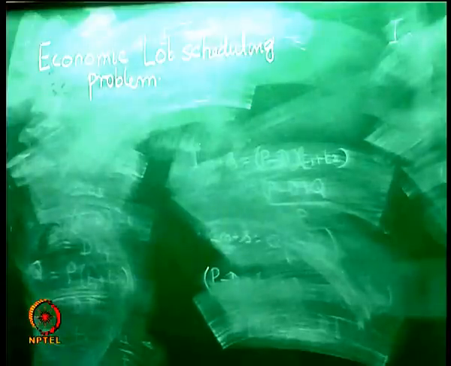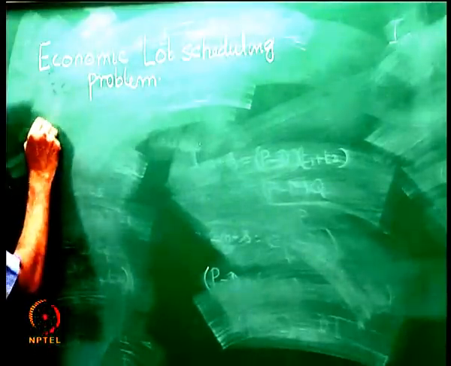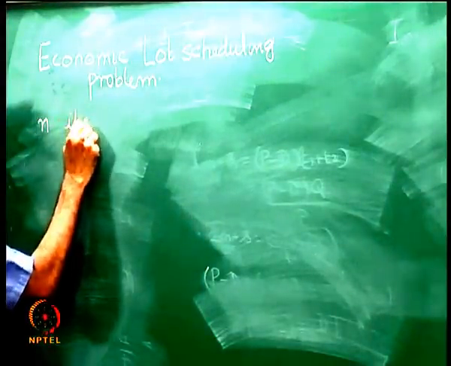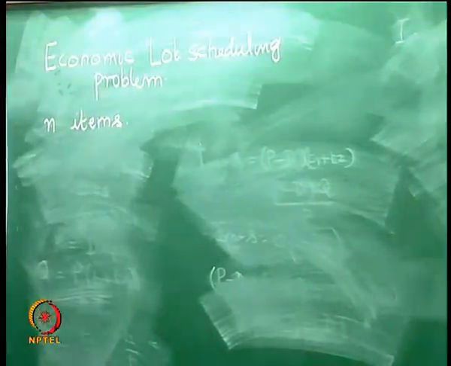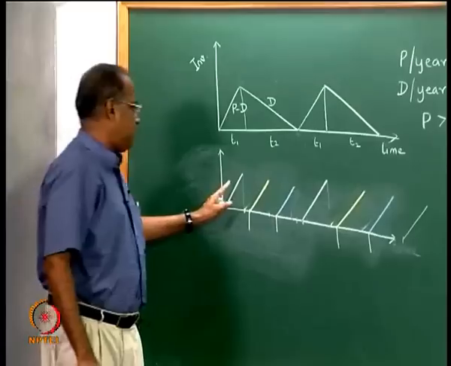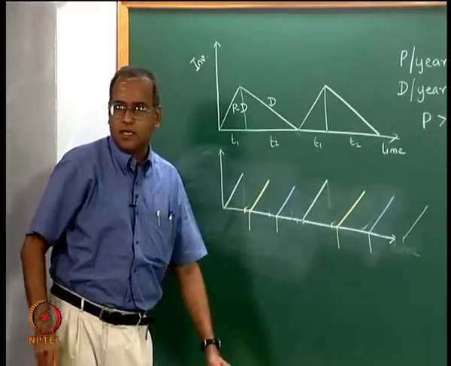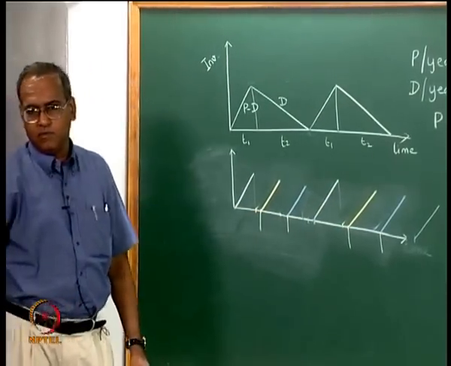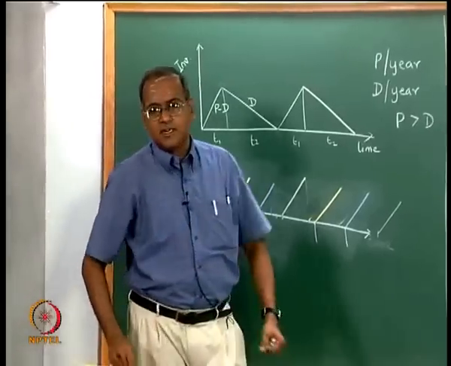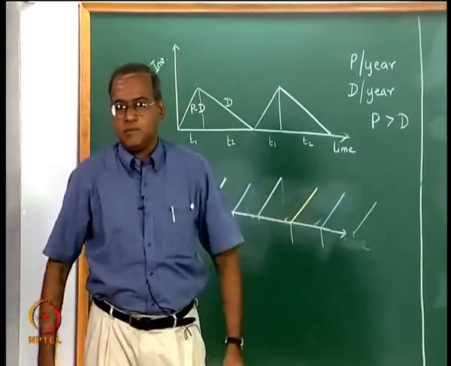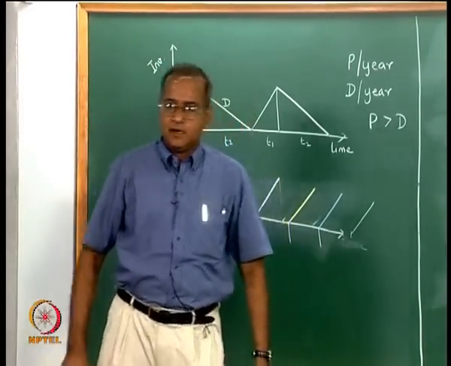Now if there are n items that we have to produce. In this example we showed 3 items, the white, the yellow as well as the blue. For each item there is a setup cost, there is an inventory holding cost, right.